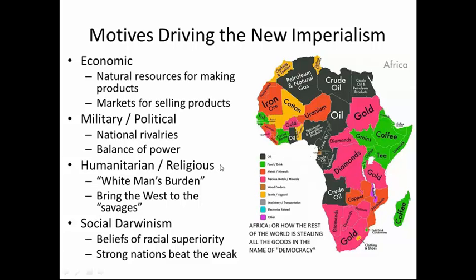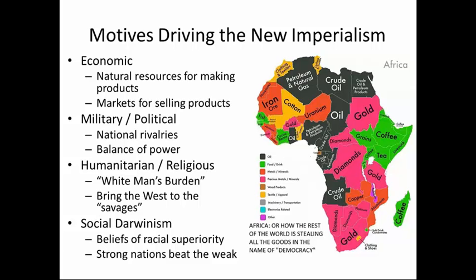Our third motive is humanitarian or religious, and this comes from this idea of white man's burden. And that may be a term that you've heard before, but what we're really looking at when we say that is this idea that the Europeans had, that because they had the so-called blessings of Western civilization, they have the new technology, they have Christianity, they have all this material wealth, that they had a duty to go spread that knowledge and those blessings to what they considered to be the savages of Africa and Asia.